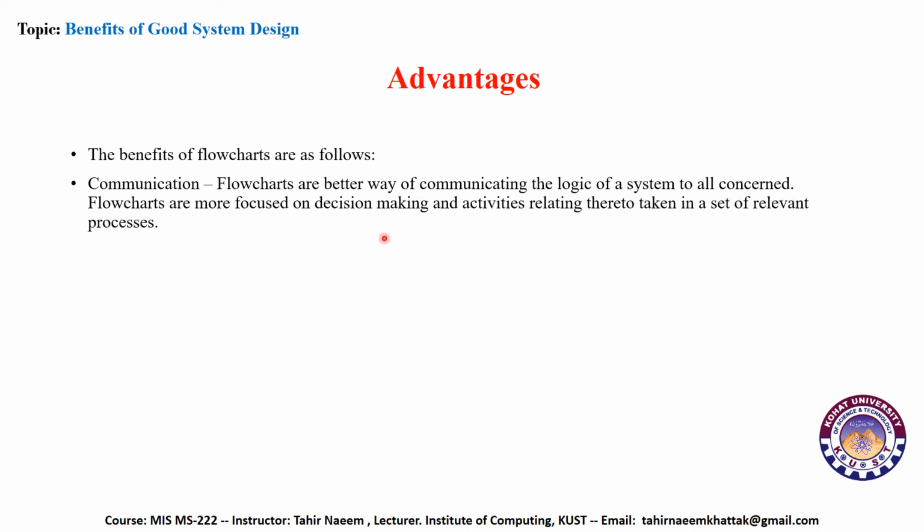Flowcharts are more focused on decision making and the activities relating to it in the center of the relevant process. It helps every user to understand the logic of the system, how the system works, what decision making processes are involved, and what activities are taking place in the system.